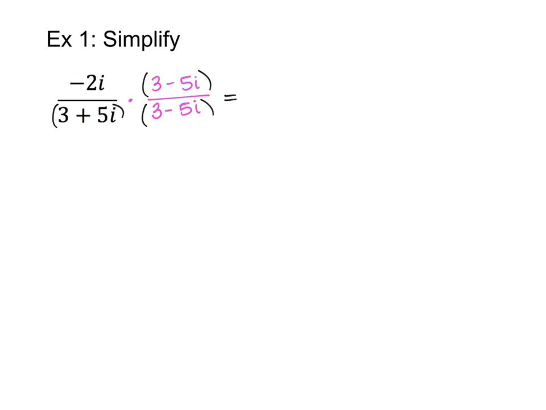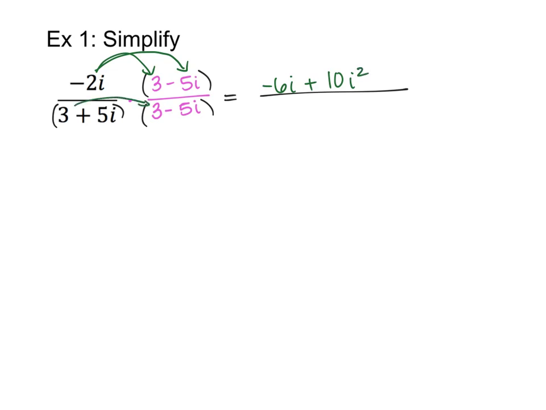So when you're multiplying across, let me bring in a new fraction here. I'm just going to focus on the top first. If I multiply these two, I'm basically distributing this negative 2i over, so that'd be negative 6i, and then negative 2i times negative 5i would be positive 10i squared. And now I'm done with the top.